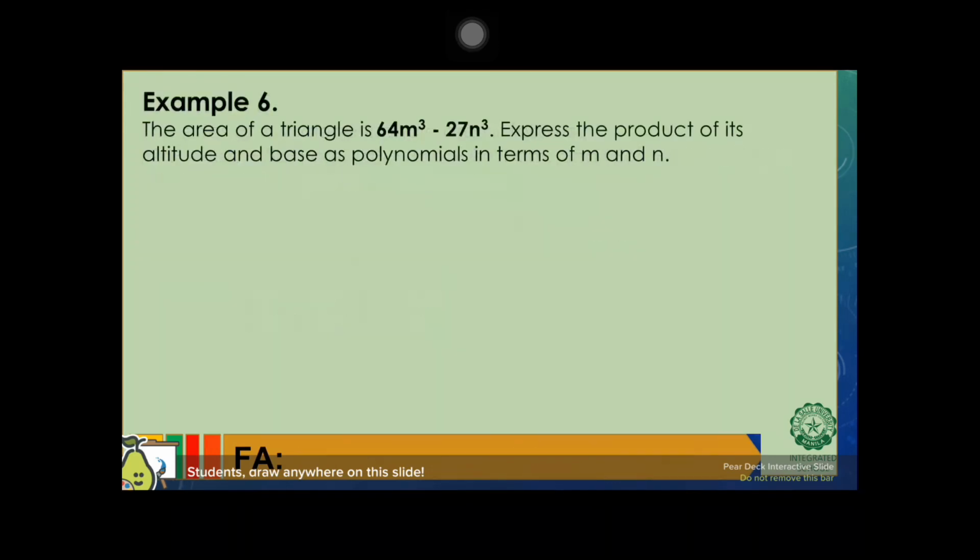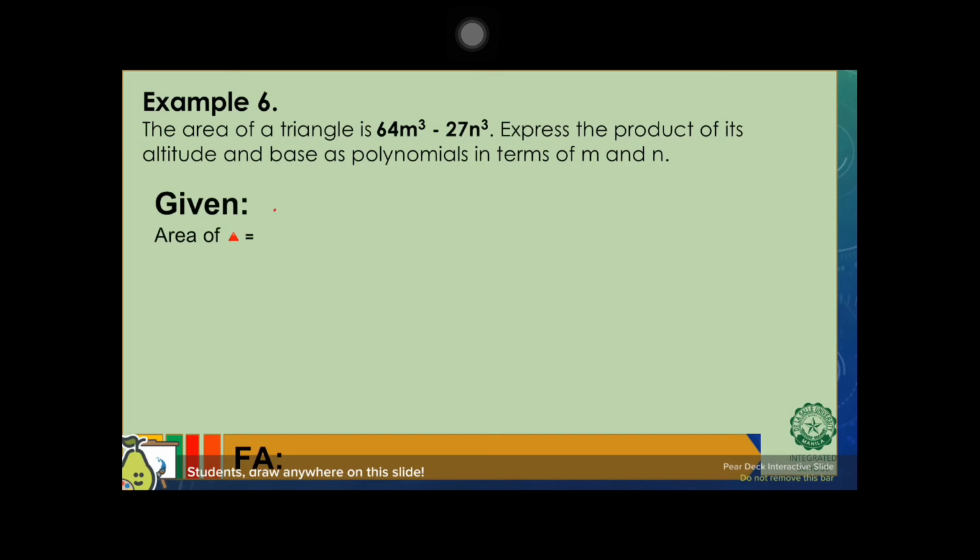Okay? For our last example, our example number 6, we have the area of a triangle is 64 m cubed minus 27 n cubed. Express the product of its altitude and base as polynomials in terms of m and n. For our given, we need to take note how to get the area of a given triangle.